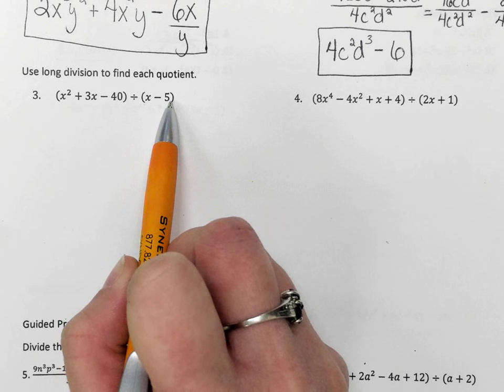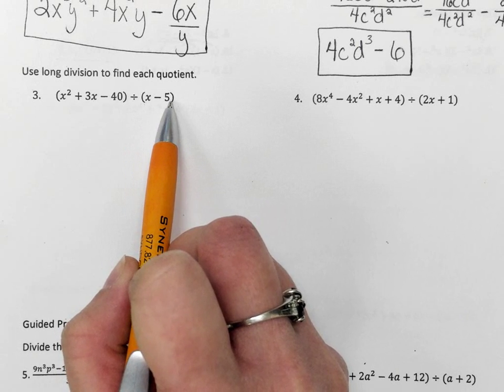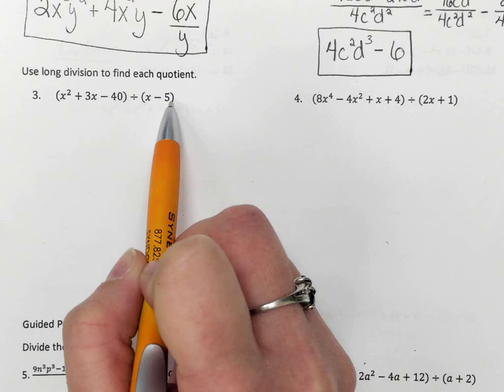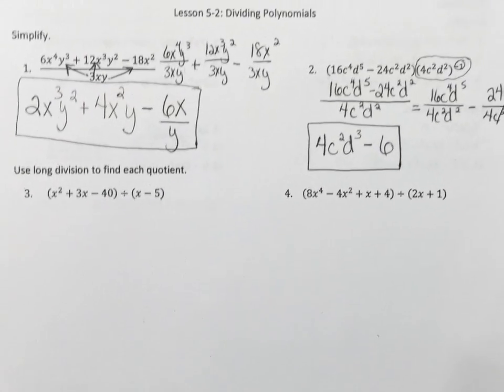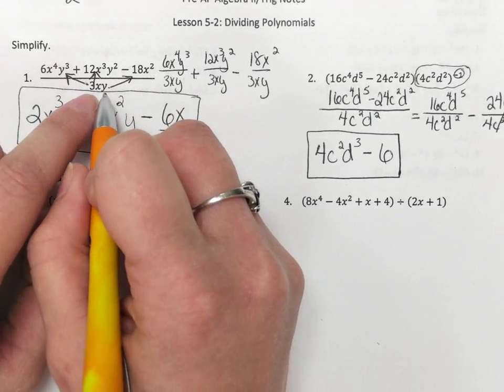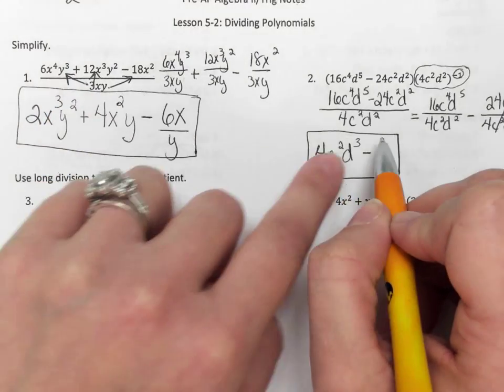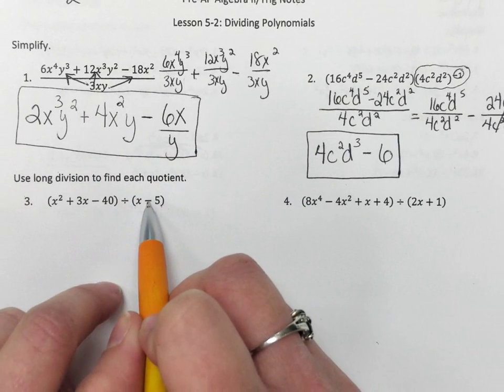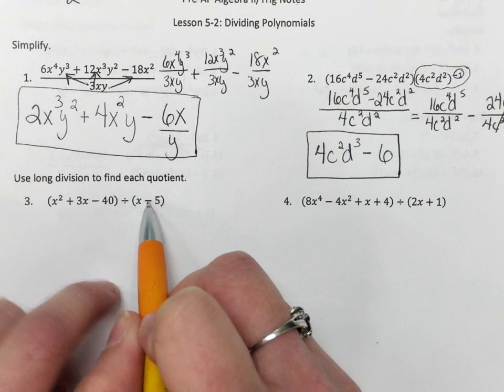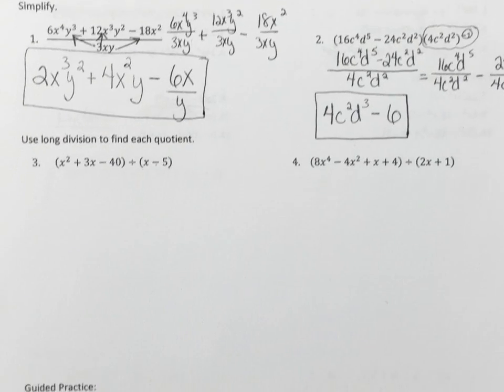Technically, it is a polynomial, but that's like calling us humans. We're all humans, but we have a specific name, right? So this is a binomial. That's why this is different. In 1 and 2, we were dividing by a monomial, because you see how they're all smushed together? Here, I know this is a binomial because it's subtraction, right? It's got something separating them. All right, here we go.